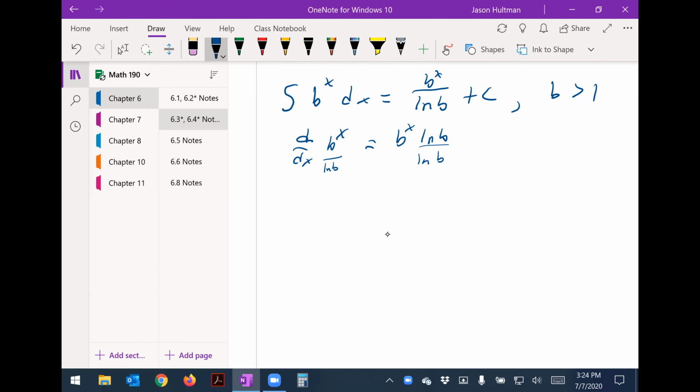And so what do we get? We get d/dx of b to the x over natural log b is equal to b to the x, right? So let's take the integral of both sides with respect to x. And what's the integral of the derivative? Don't those cancel each other out? And so wouldn't this be b to the x over natural log b plus c? I think so.